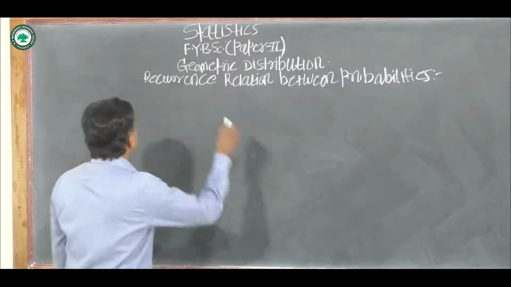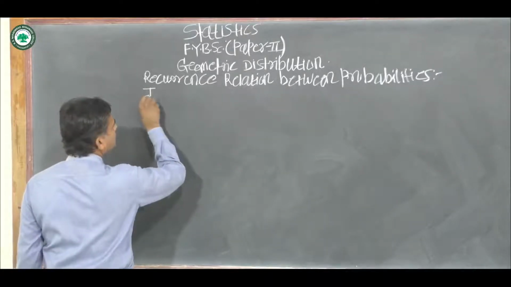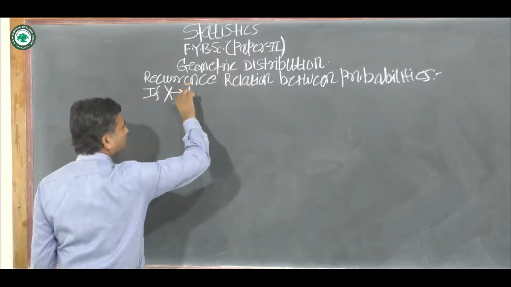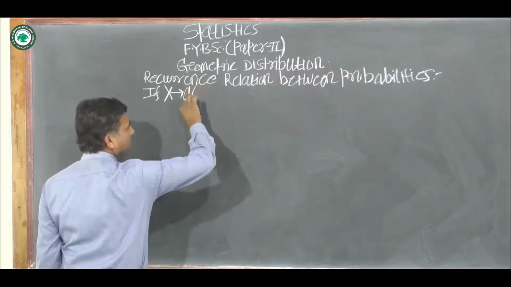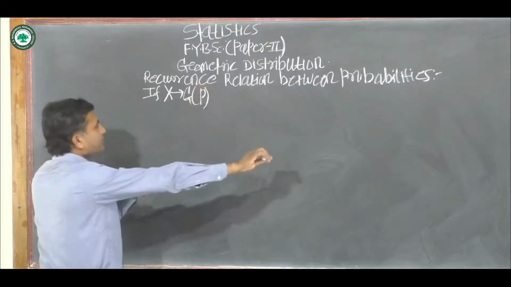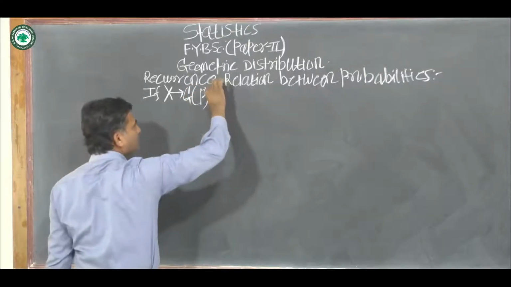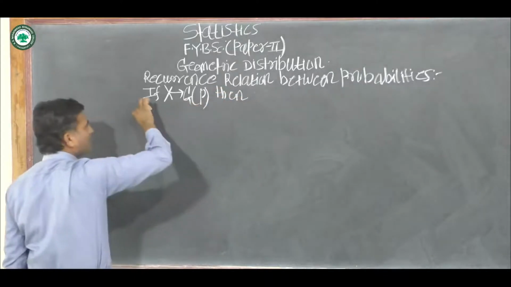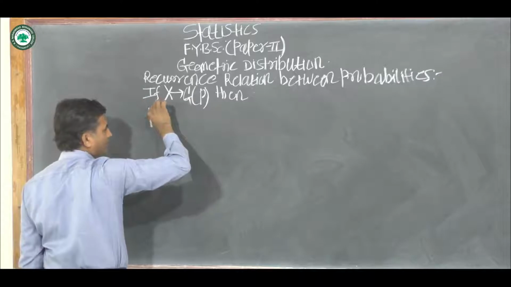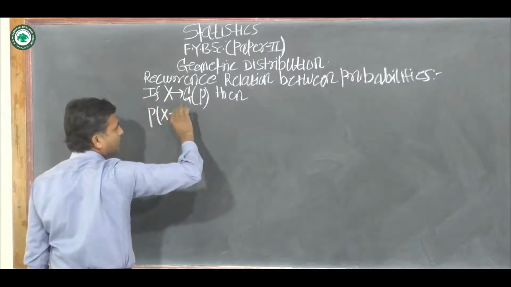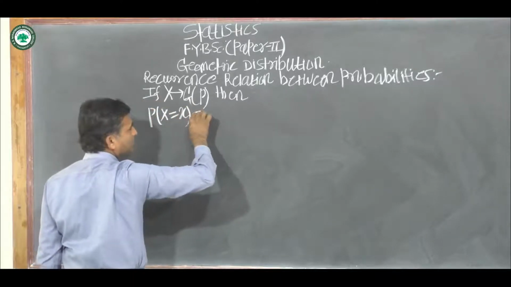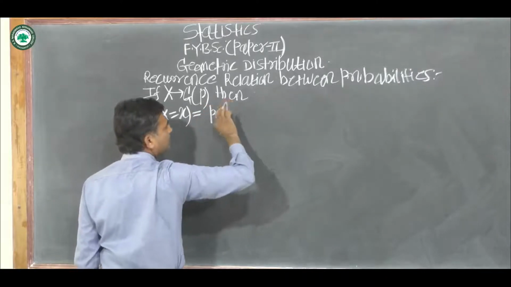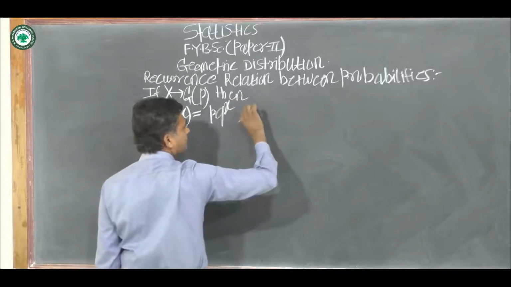Okay, if x follows geometric distribution with parameter p, then its probability mass function is given by probability of X equal to small x, which is equal to p into q raised to x.